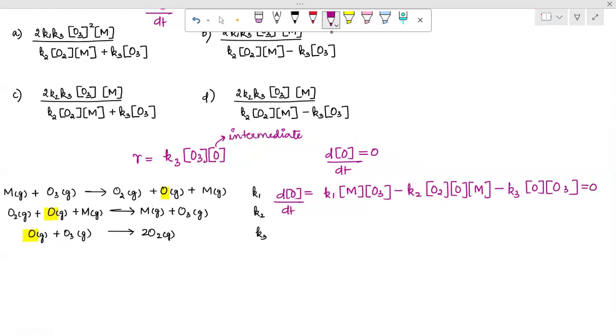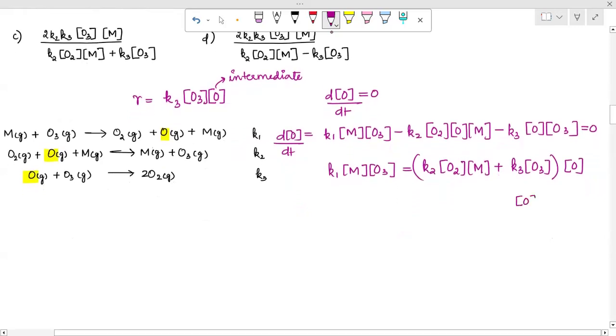Now, under steady state approximation, if you rearrange and find the expression of O, let's do that. K1 concentration of M into concentration of O3 is equal to K2 concentration of O2 into concentration of M plus K3 into concentration of O3, and I take O out, common.